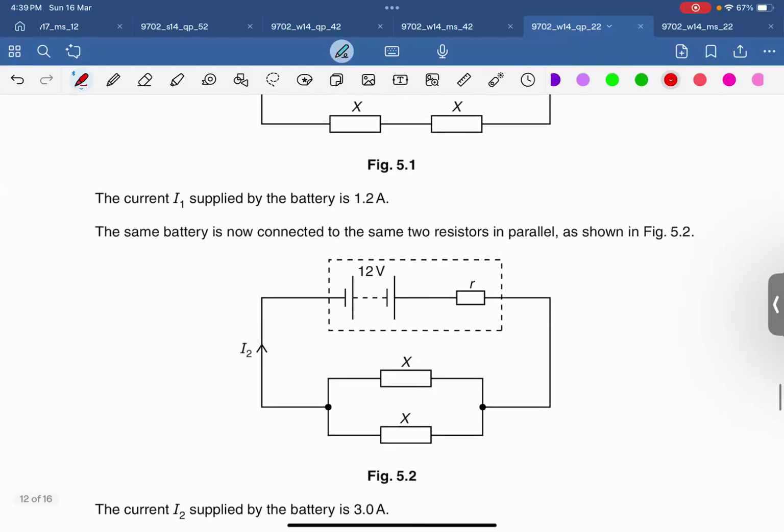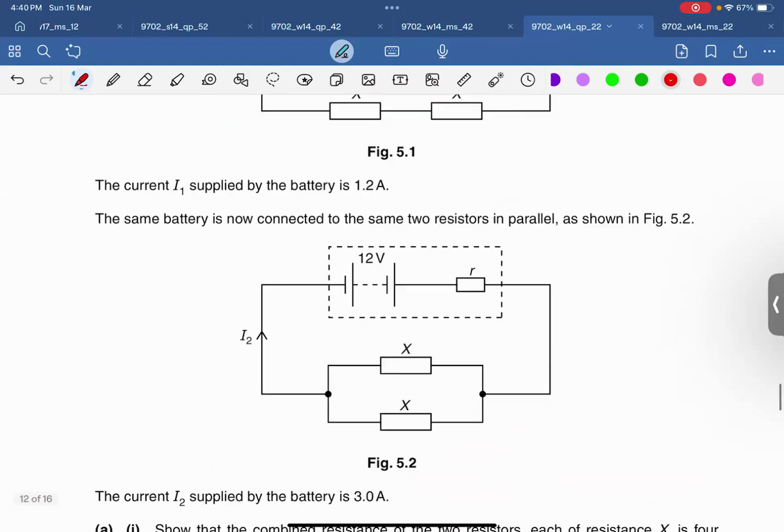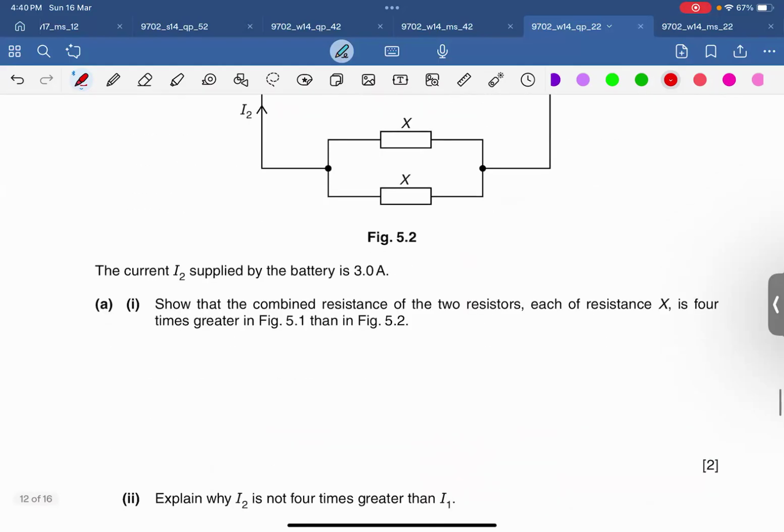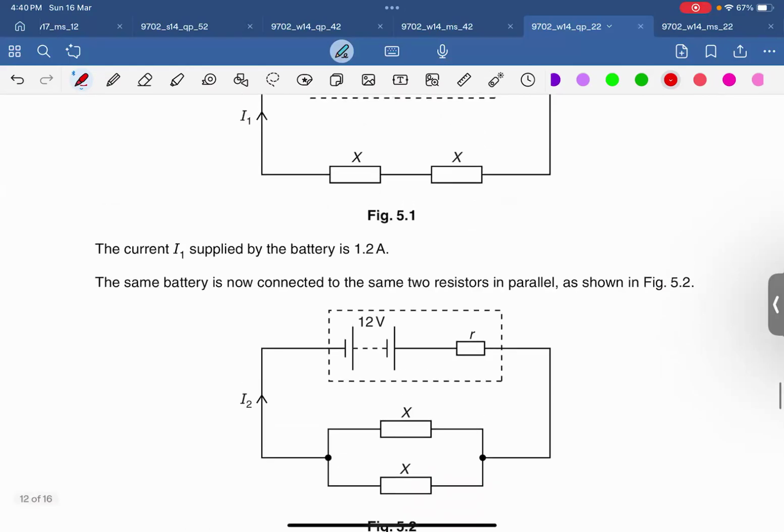The first one is a series circuit, the second one is a parallel circuit. The current I2 supplied by the battery is 3 amps. Show that the combined resistance of the two resistors, each of resistance X, is 4 times greater in 5.1 than 5.2.